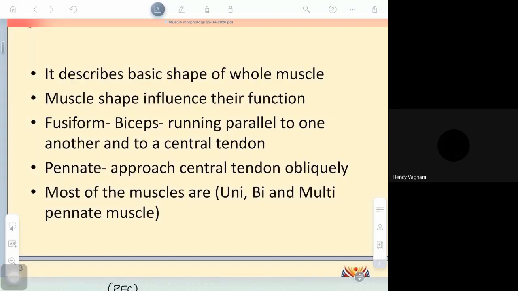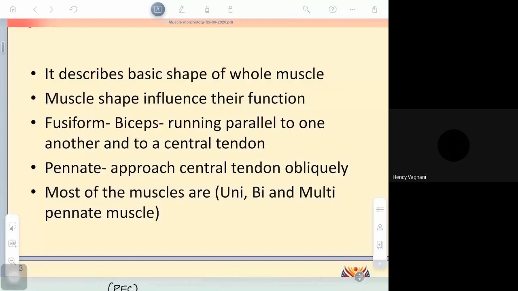Already we have discussed the different types of muscle fibers, fast twitch muscle fibers, slow twitch muscle fibers, all those things. So today we are going to discuss the shape of the muscle. There are two shapes. Based on the shape, the muscle is categorized under two divisions, fusiform and pennate.